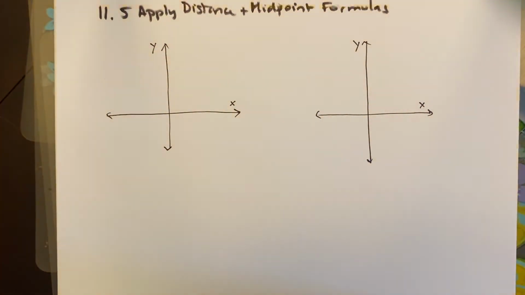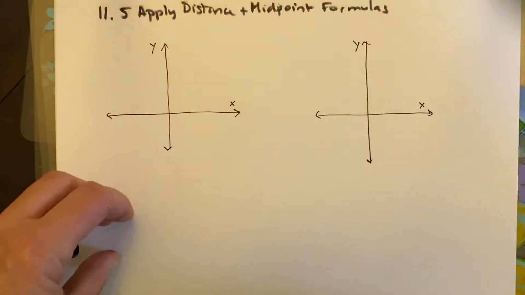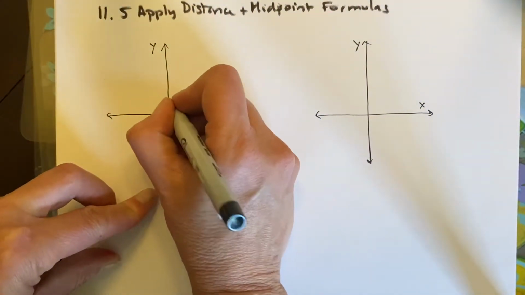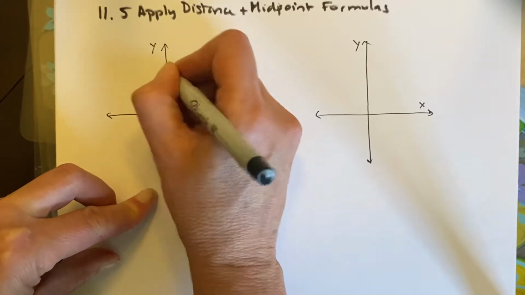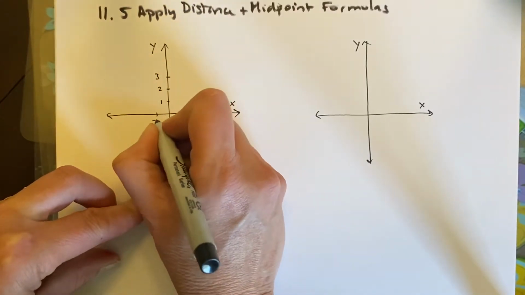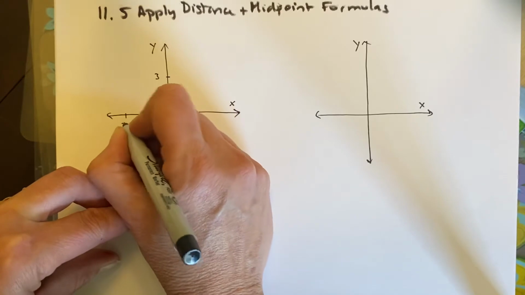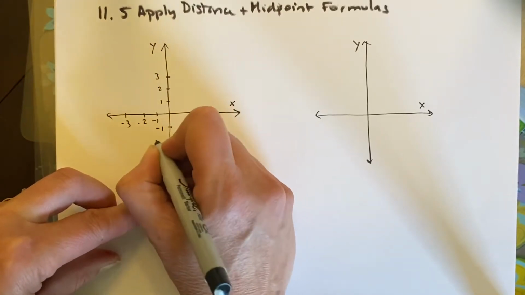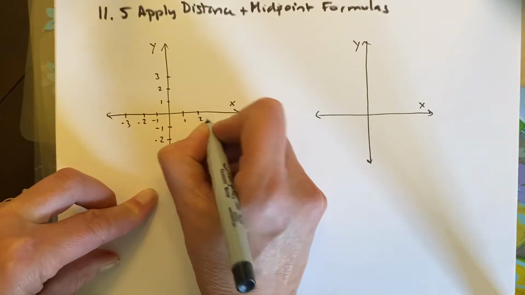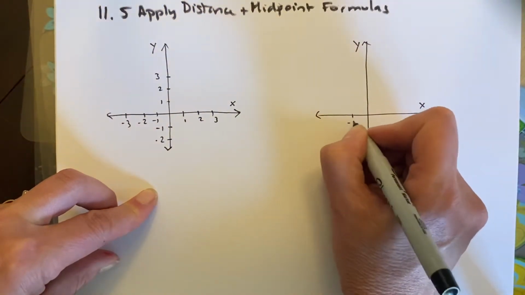And in both cases, I'm going to draw a triangle. We're going to go up 1, 2, 3, and -1, -2, -3, on both sides.